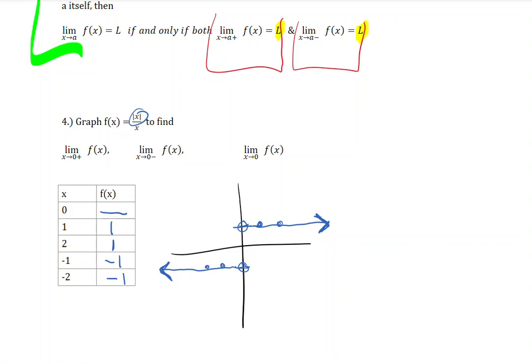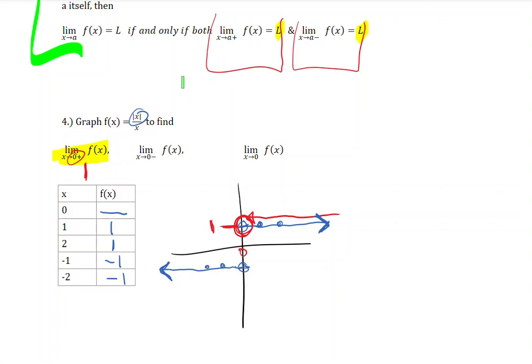Looking at this first one, coming from the positive side, if I'm at the graph approaching 0 this way, the point at 0 has a value of 1. So as I approach from the right to 0, the limit on the right-hand side is 0, the y value is 1. So that height is 1.